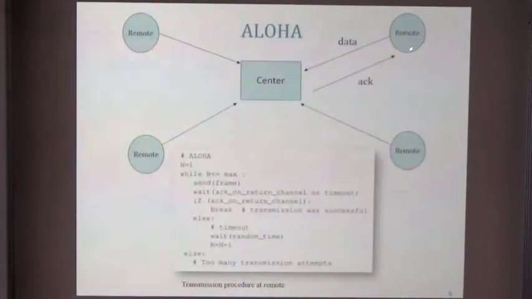The problem is when data is sent from the remote to the center, because two remotes could send at the same time. Since they are sending on the same radio frequency, that might well cause a collision. And with the decoding technology of that time, a collision means probably the two packets are lost. The two channels are not interfering, they're on different radio frequencies, so we're really interested in only the upstream channel.